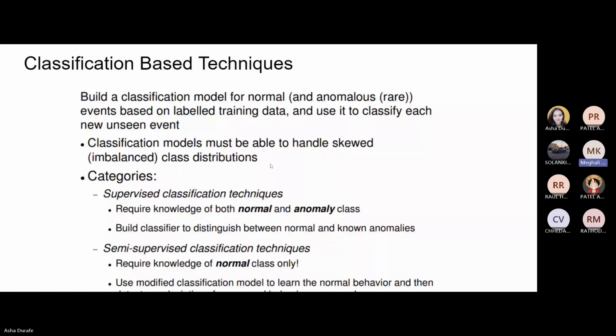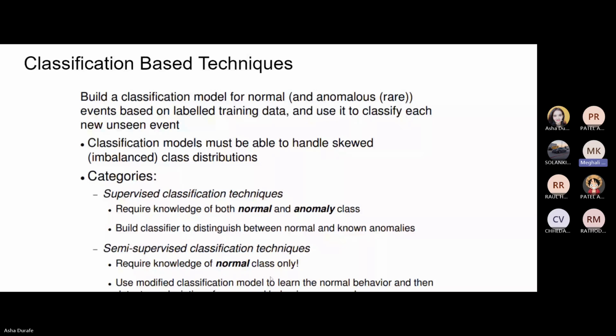Then we have few categories which we have seen, supervised and semi-supervised. In supervised, you have to have the knowledge of both normal and anomaly class. And then you will build the classifier to distinguish between normal and known anomalies. Then you have semi-supervised classification techniques.